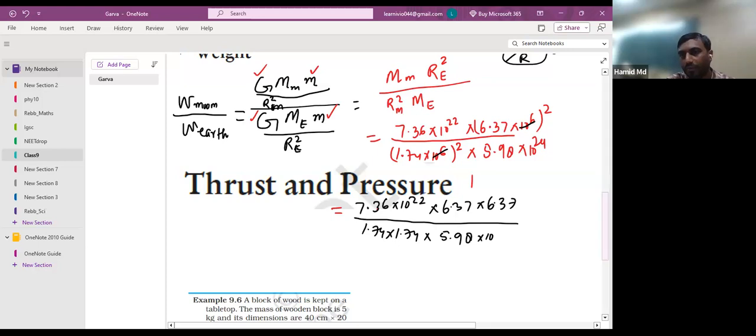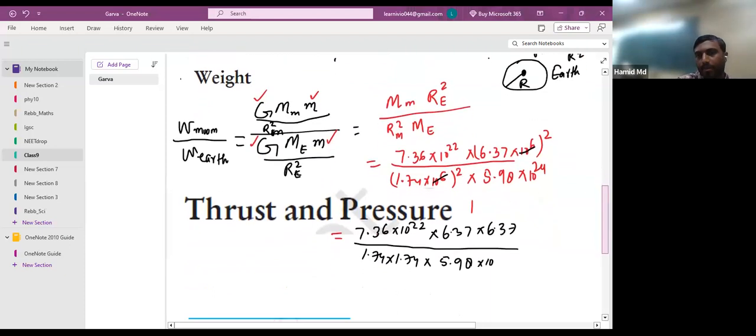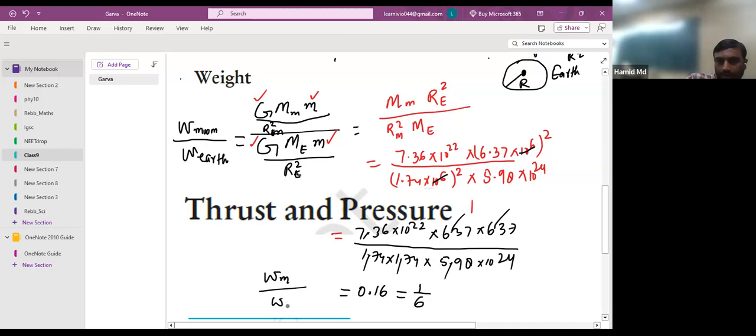Now the decimals will get cancelled, and when you solve it you will get 0.16, which is very nearly equal to 1/6. So the weight at moon to weight at earth is equal to 1/6. Clear?